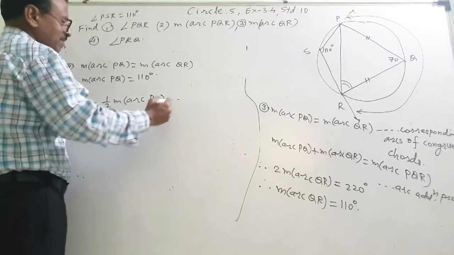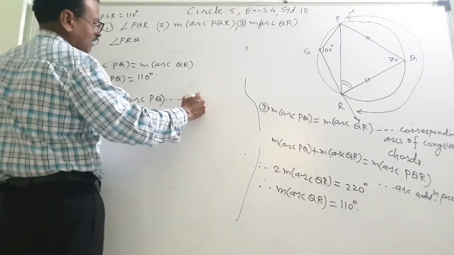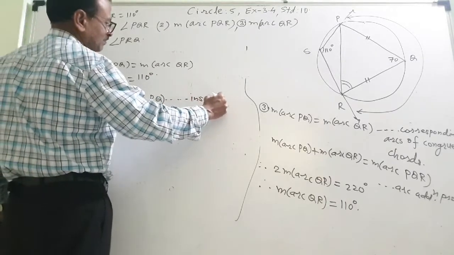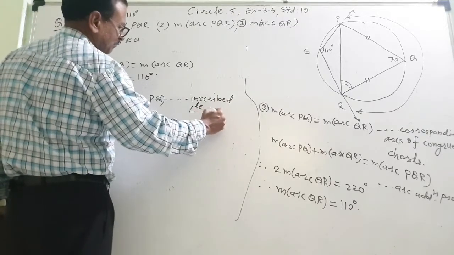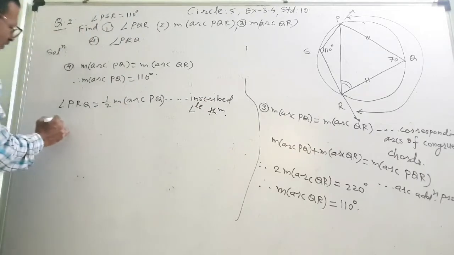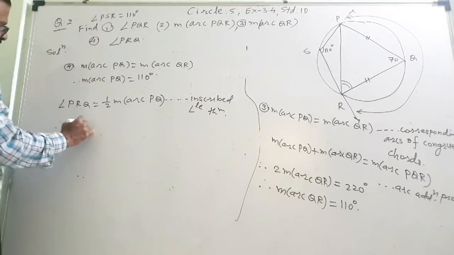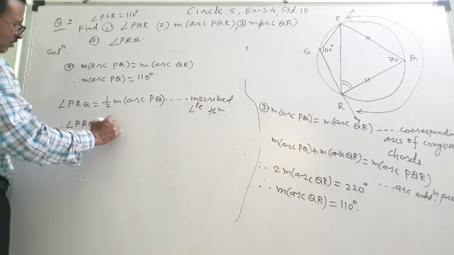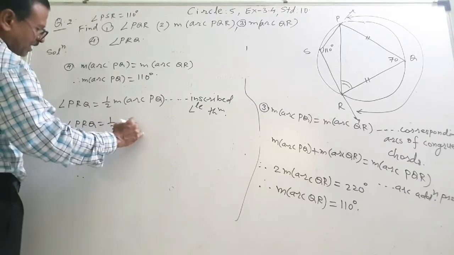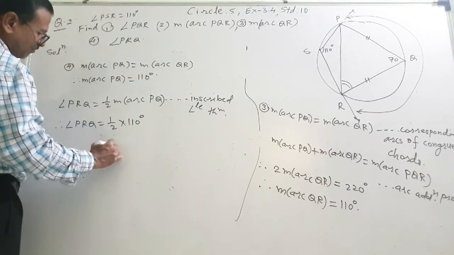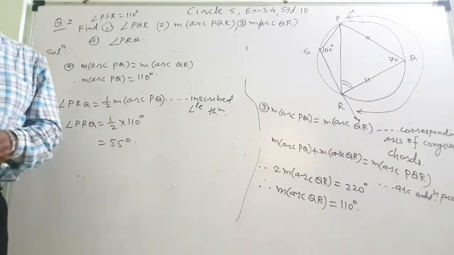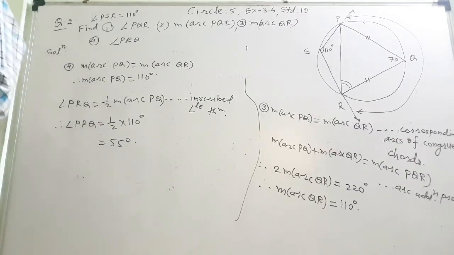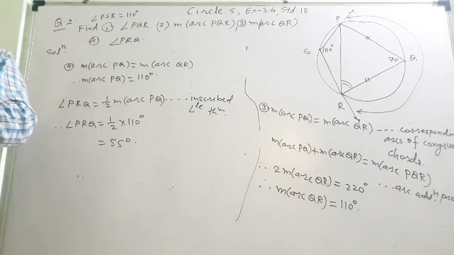Reason is inscribed angle theorem. Therefore, angle PRQ is equal to 1 upon 2 into 110, and that is equal to 55 degree. This is the answer for the fourth one. Hope that you have got this. Up to this it is easy, but the important questions.